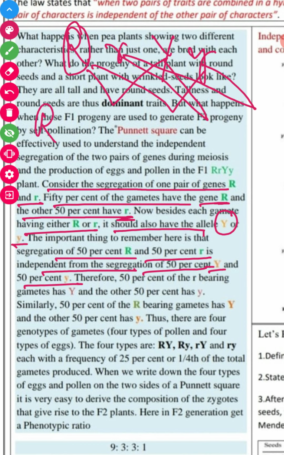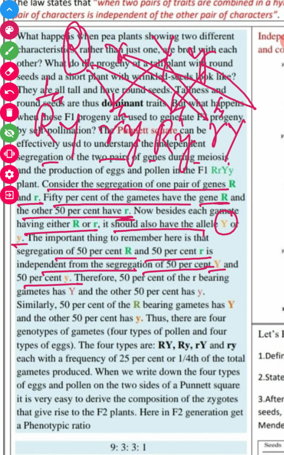So they form RY, Ry, rY, and ry, likewise. So 50-50% chances are there, and if you take that, then it becomes 1/4 of every combination.